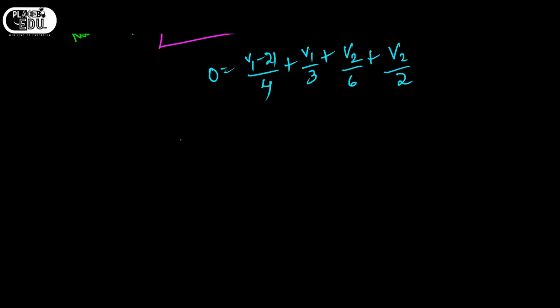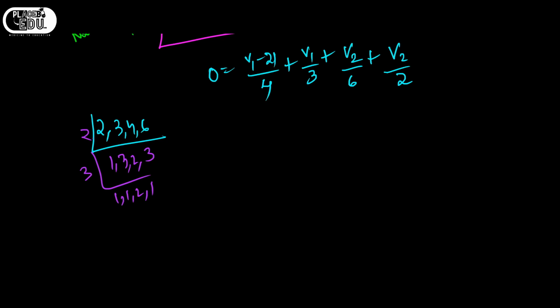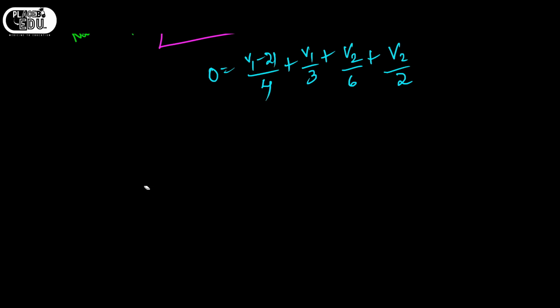So solving this, we need to find the LCM of 2, 3, 4, 6. Okay, so now the LCM is 2 3 6, 6 2s are 12. So we got the LCM 12.